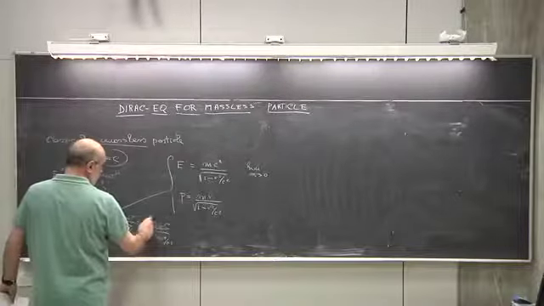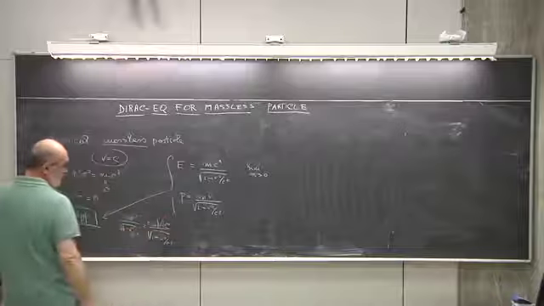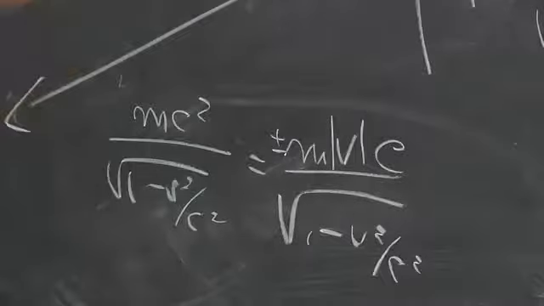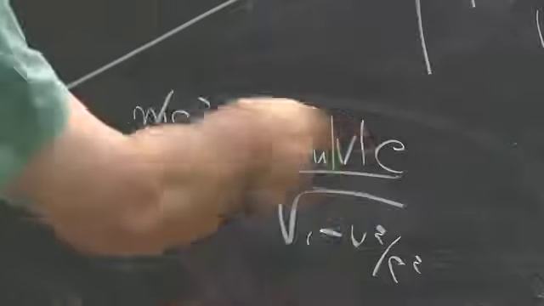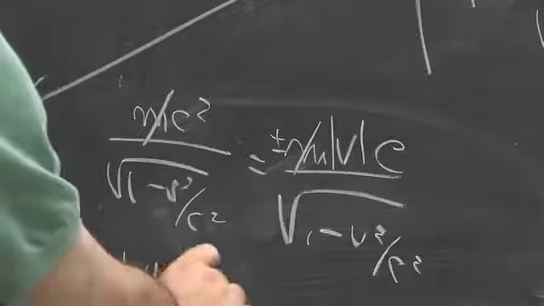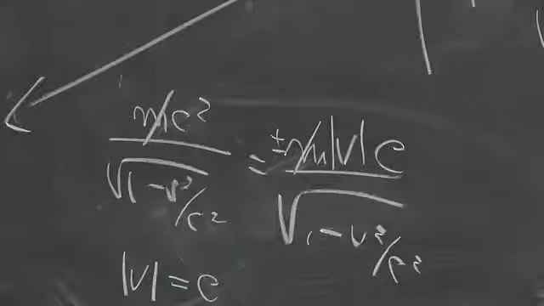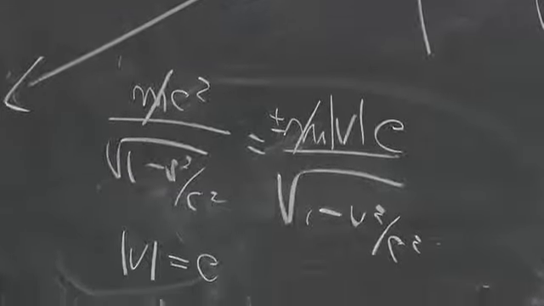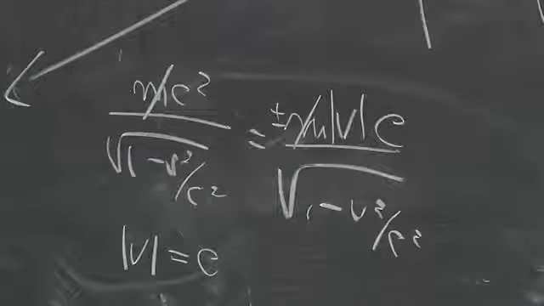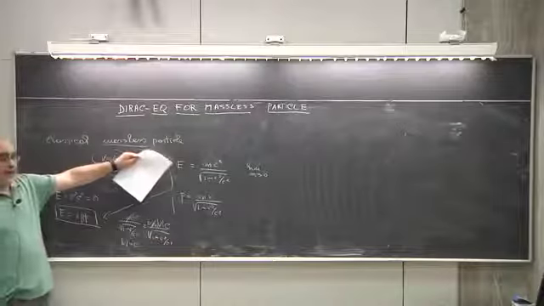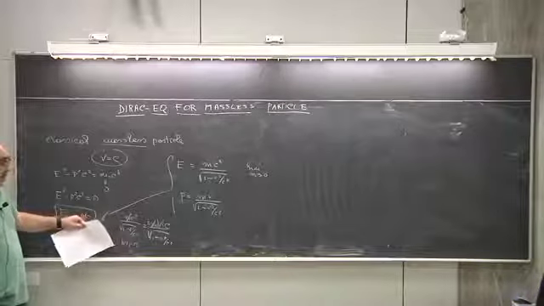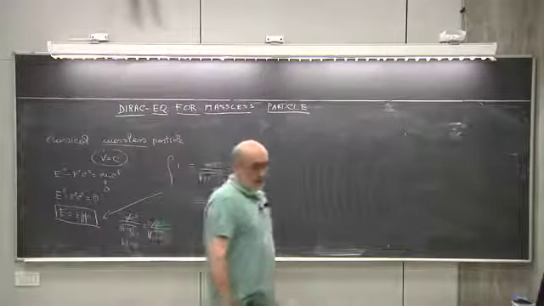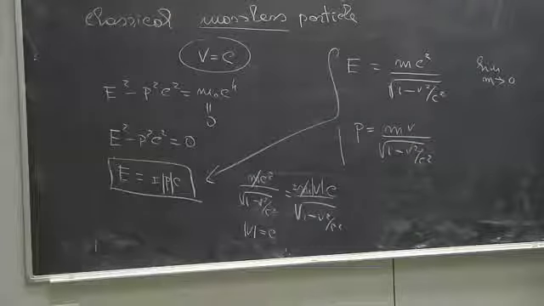So I have c, I have plus or minus, and I have the modulus of that. Basically I have inserted those two relations inside here. Then the mass cancels, and these two relations are equal only if v is equal to c. So from the mass shell relation I get this relation between energy and momentum. Then the general expression of the energy is this, the expression of the momentum is this. If I equate them, I get that the velocity is equal to c. So massless particles travel at the velocity of light.